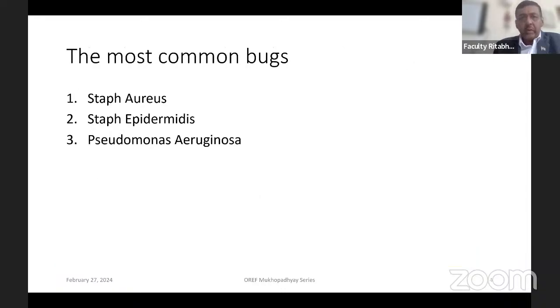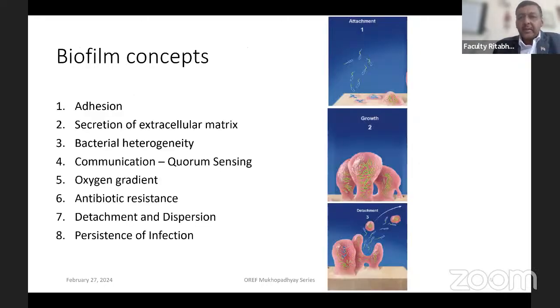The most common bugs encountered in orthopedics, wherever there is an infection and an implant, are most commonly Staph aureus, Staph epidermidis, and Pseudomonas aeruginosa. These three bacteria are very, very robust in forming biofilms. So these are the 8 concepts of biofilm, and I'll take you through each one of them.